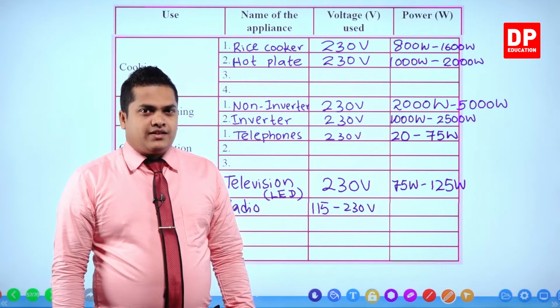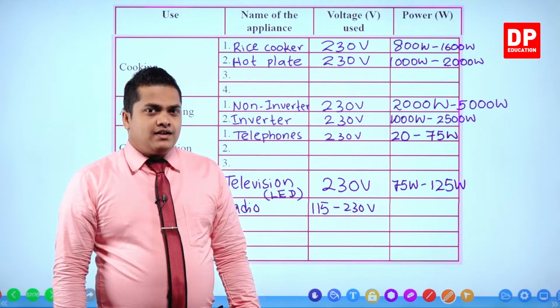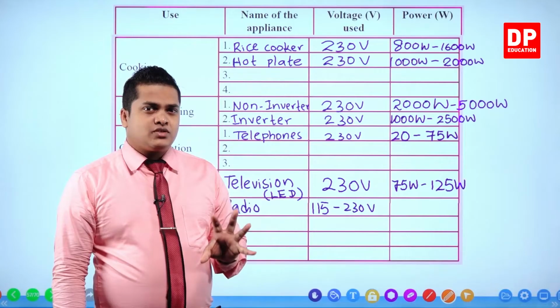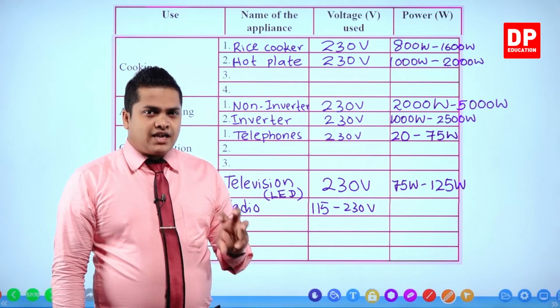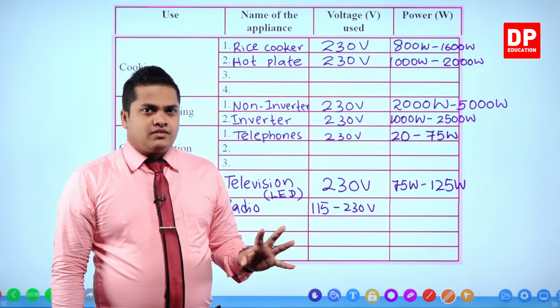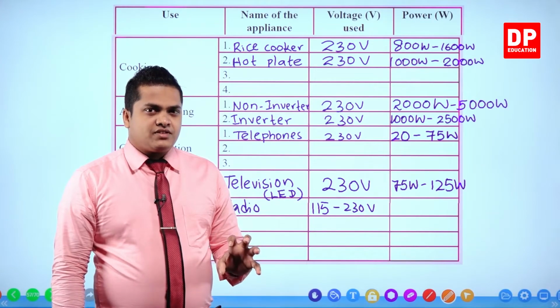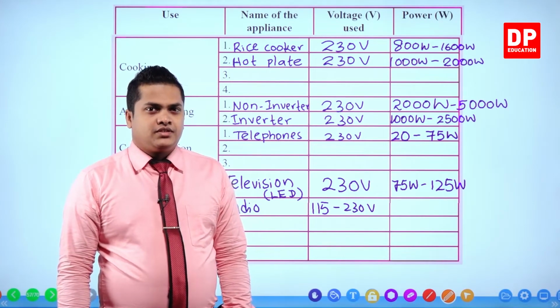Okay, CRT televisions. And there are other types of televisions. CRT televisions were the basic types of televisions, the first televisions which came to our world.